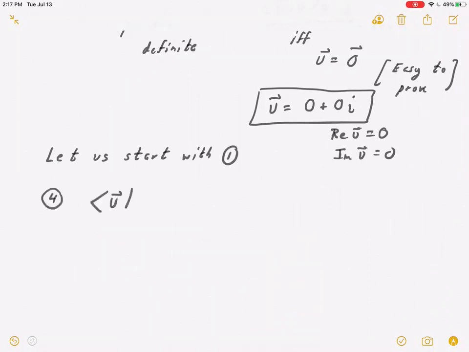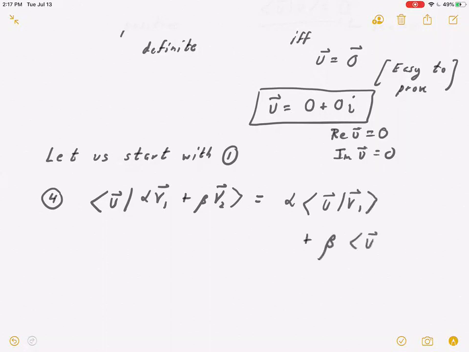It says that the inner product of U with the linear combination of V sub 1 and V sub 2, where V sub 1, V sub 2, and U are complex vectors, alpha and beta are complex scalars, is alpha times the inner product of U with V sub 1 plus the complex scalar beta times the inner product of U with V sub 2.